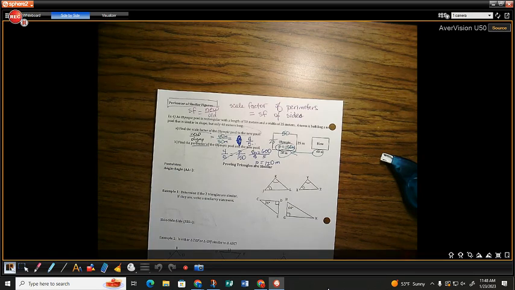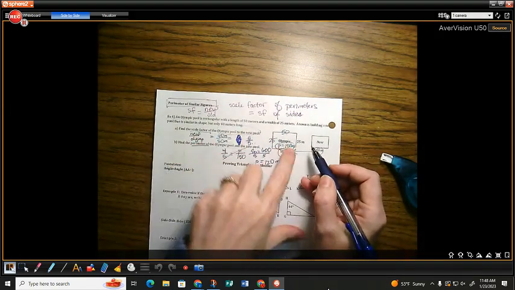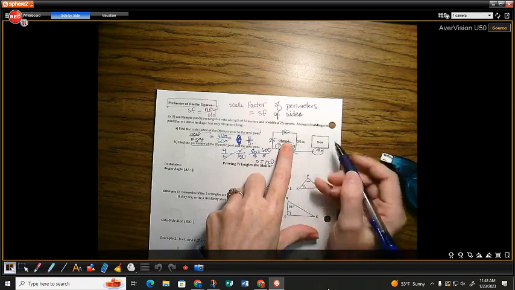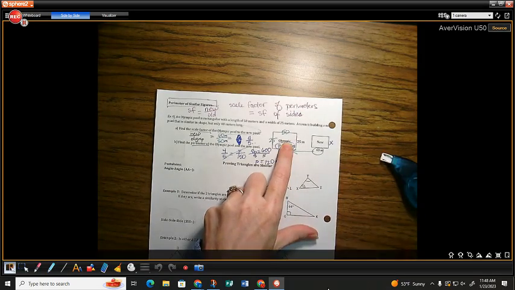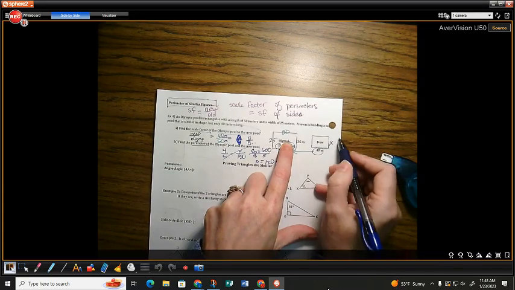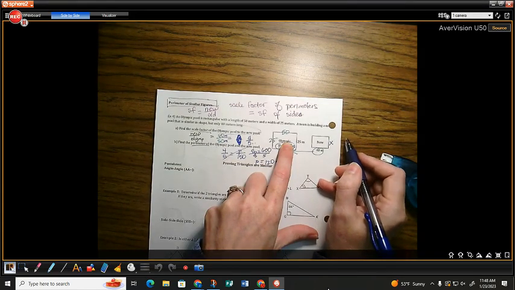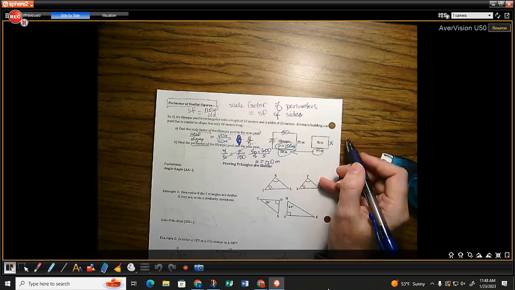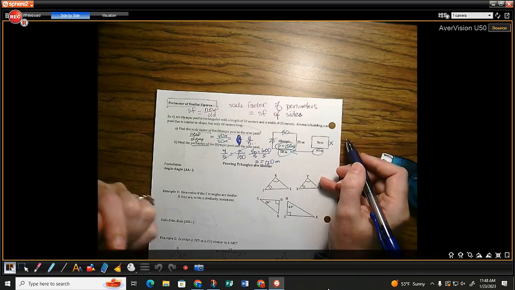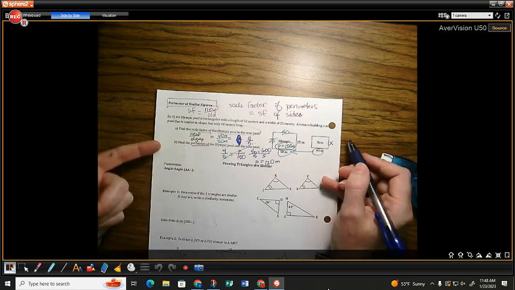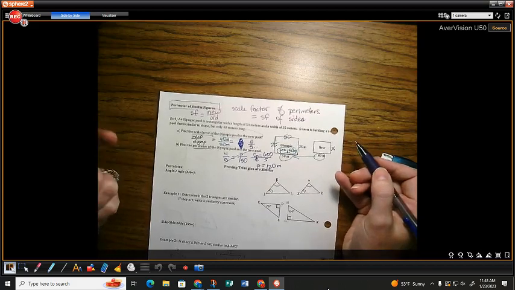Hey guys, without finding the perimeter here, could you have figured out how big that side was? Yes. And could you have used that to find your new perimeter? Yes. But this problem was specifically asking you to use the scale factors, and so that's why we did it that way.